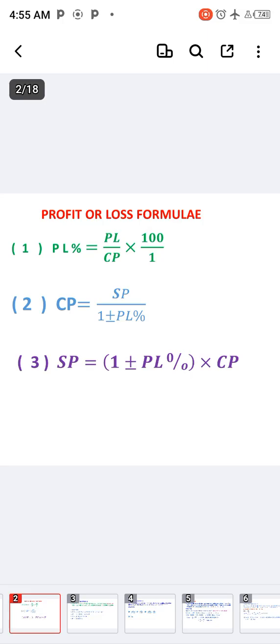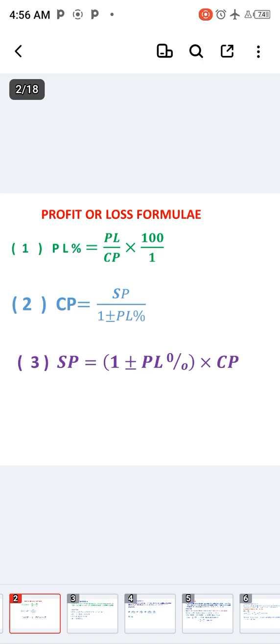You will be able to calculate the selling price when you are given the cost price and you are given the profit percent if the question is in connection to profit, or you will be given the loss percent if the question is talking of what? Loss. Now, the cost price is the amount it costs you, the amount you pay for something, while the selling price is the amount you gain for selling something.